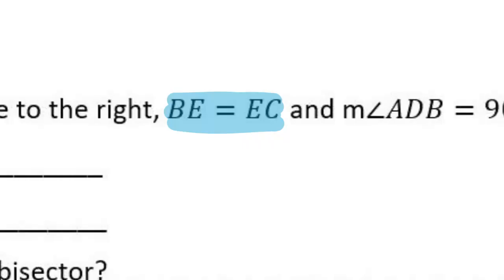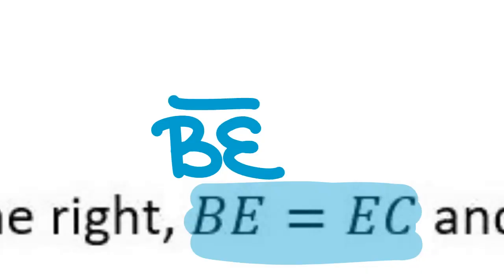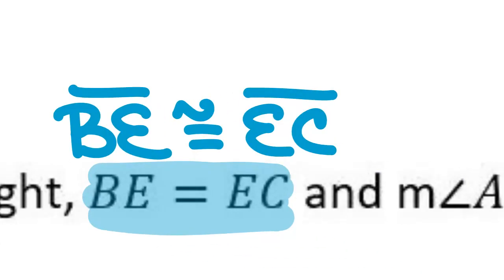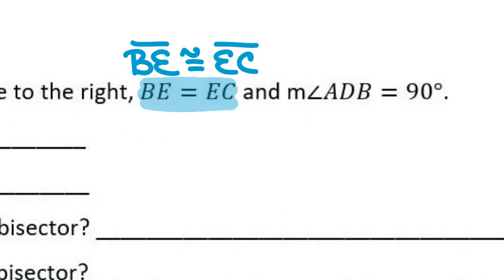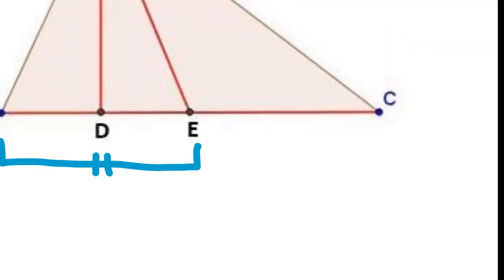If I have segments that have equal lengths, what does that mean about them? They're congruent. So segment BE is congruent to segment EC. So let's go over to the picture and mark those as congruent. So BE, this segment right here, is congruent to EC right here.